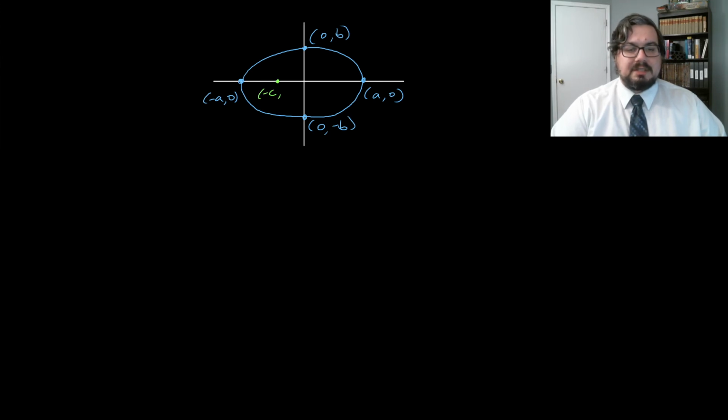Let's see, negative c comma 0 and c comma 0 for the foci. But I also want to explicitly mention the center here. This ellipse has the equation x squared over a squared plus y squared over b squared equals 1.